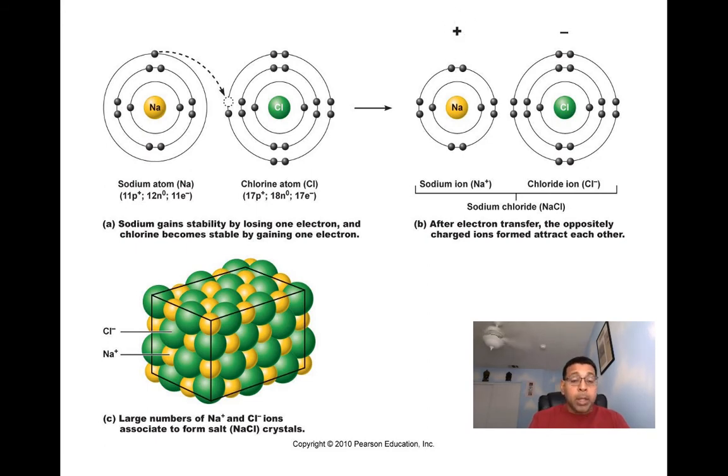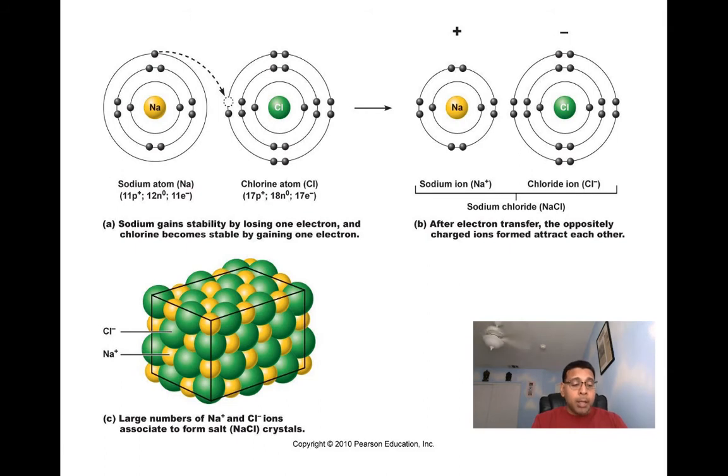Now, on the other hand, chlorine has an atomic number of 17, and it needs only one electron to fill its valence shell. By accepting an electron, it becomes an anion, and it achieves stability.